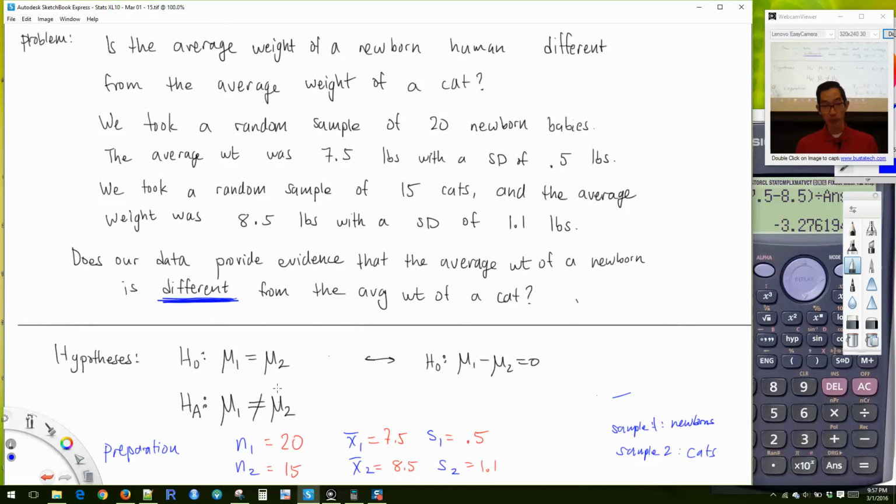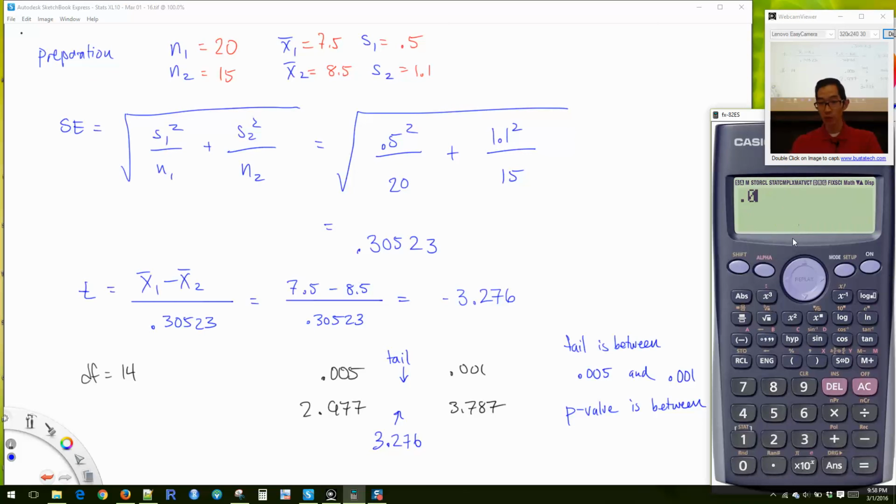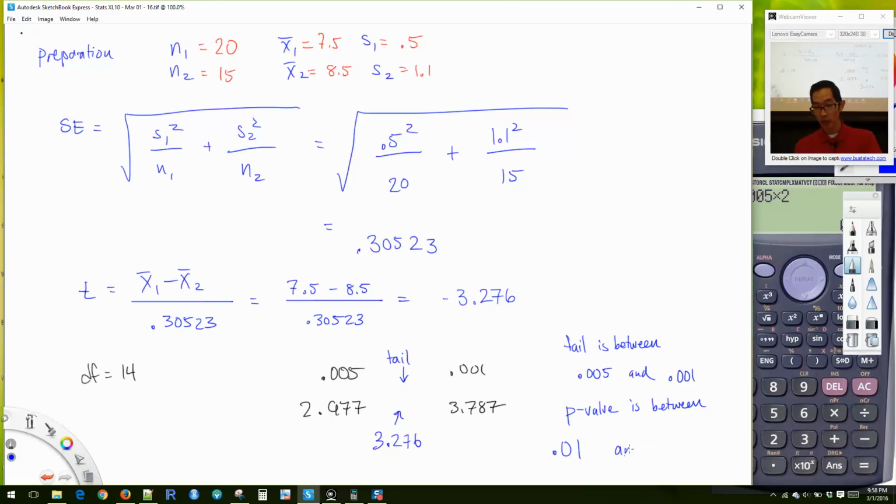Because my alternative hypothesis has a not equal sign, so I have to double my tail area. 0.005 times 2 is 0.01, and 0.001 times 2 is 0.002. So my p-value is between 0.01 and 0.002.